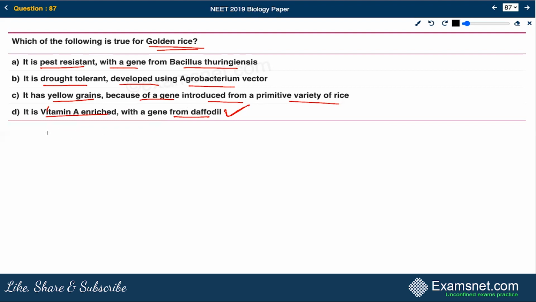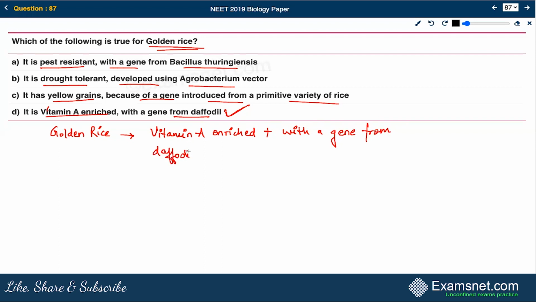So that's why we can say that golden rice is vitamin A enriched, with a gene from daffodil, and along with that, they are also carotene rich.